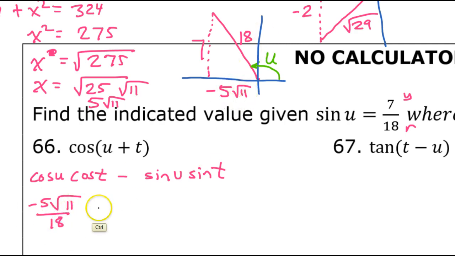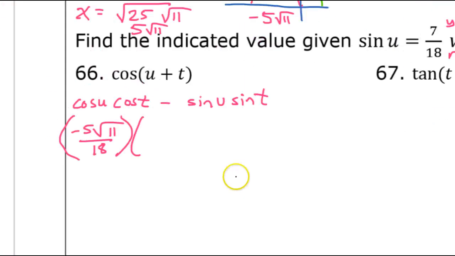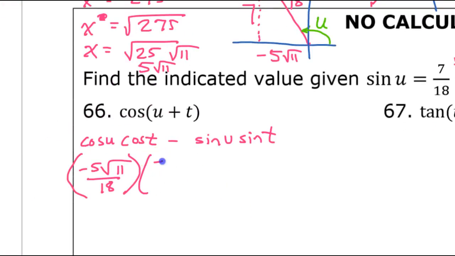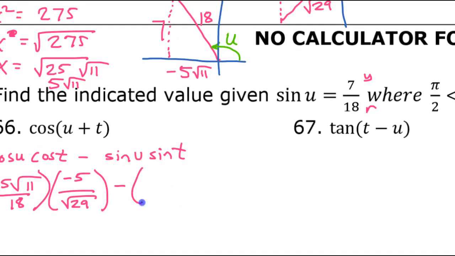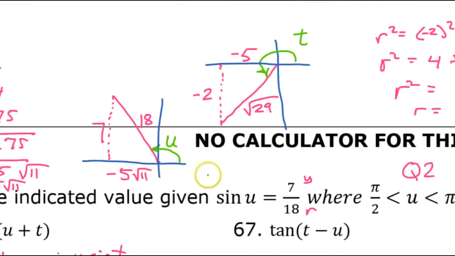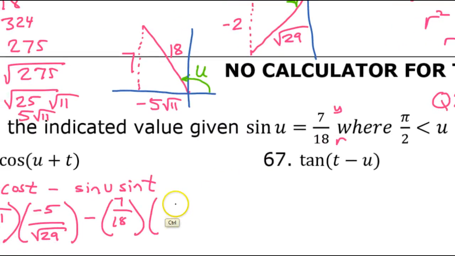Okay, it's x over r. Now the cosine of t, that's negative 5 over radical 29. And then we have minus sine of u, so that's 7 over 18. And sine of t, so that's negative 2 over radical 29.